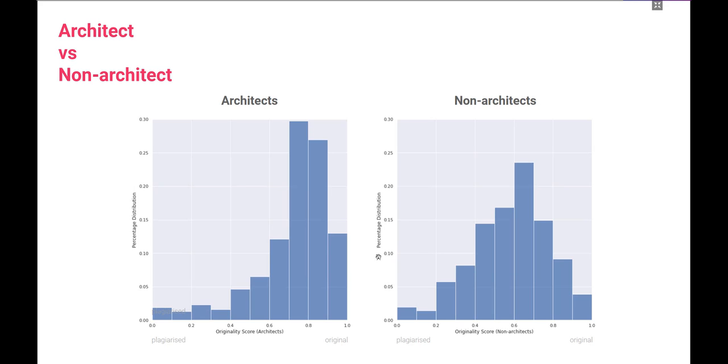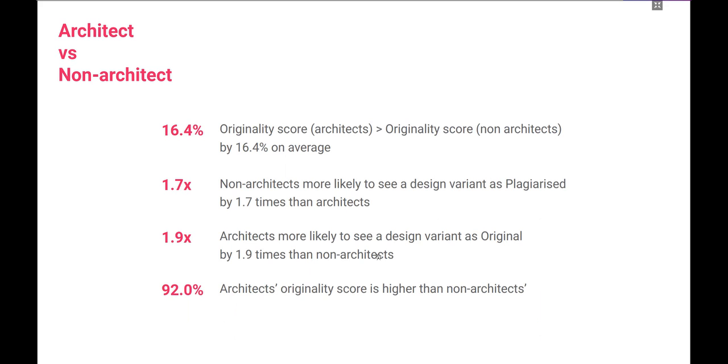Quite counterintuitive to what I would have guessed, but it is what it is. Data doesn't lie. And to summarize, the originality score of architects was on average 16.4% higher than the originality score by non-architects.